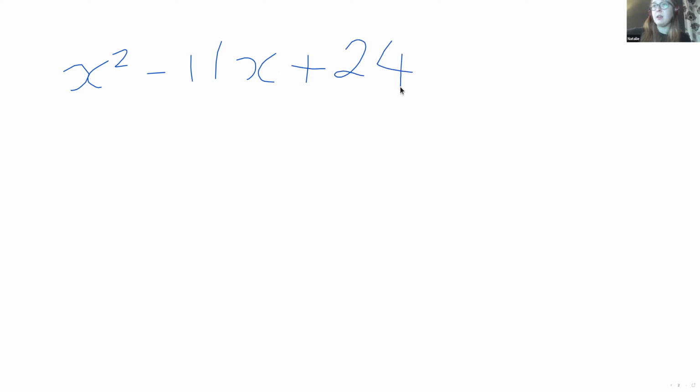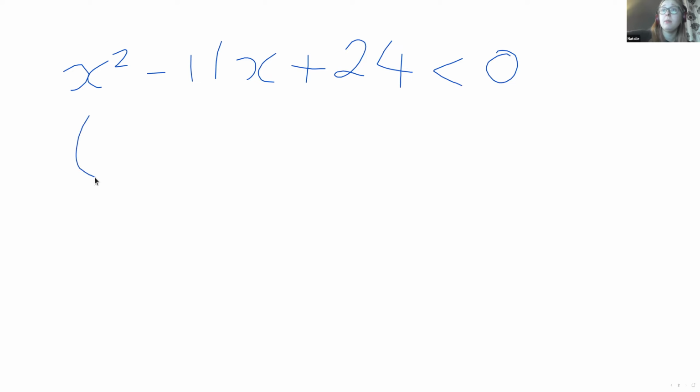So let's pick a nice one. Let's say that x squared minus 11x plus 24 is less than 0. Now we're going to solve that quadratic as if it was equal to 0, okay?